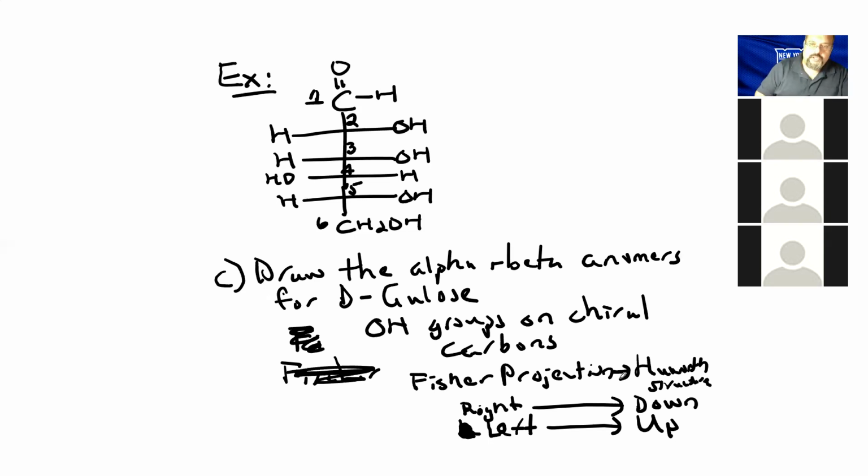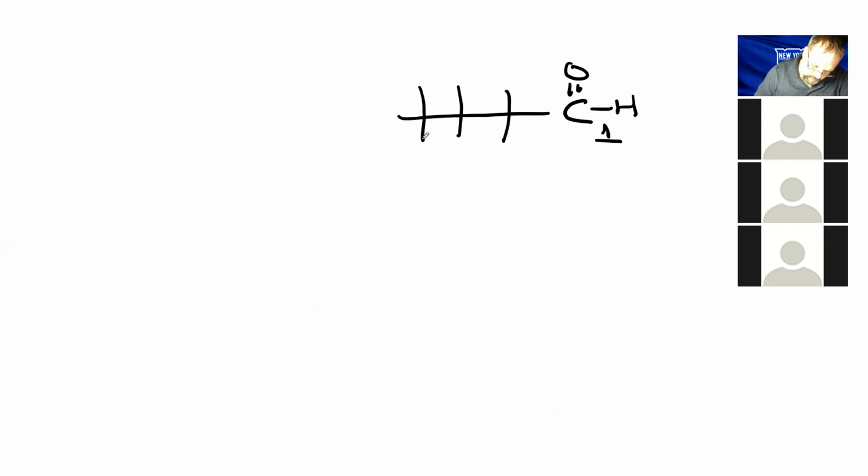So what we want to do is take the Fischer projection and redraw it horizontally from right to left, with particular focus on the chiral carbons.